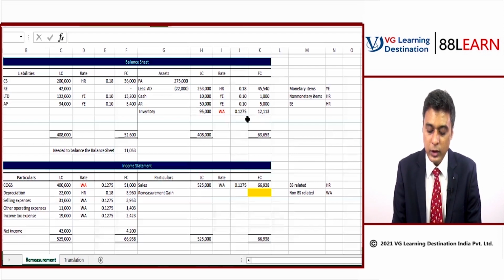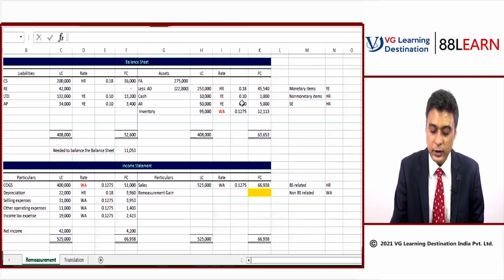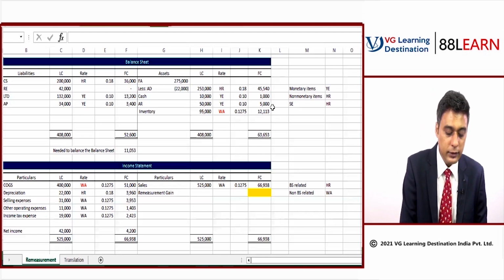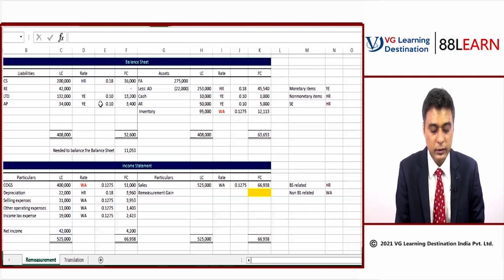Okay, 0.1275. So these are some of the rates that we have taken. Year-end rate as 0.1, historical rate at 0.18, and weighted average at 0.1275. So we convert these items. Then we go to the liability side, we convert the accounts payable, we convert the long-term debt.